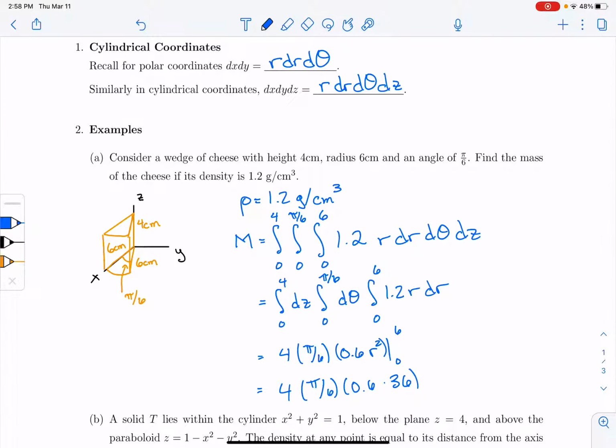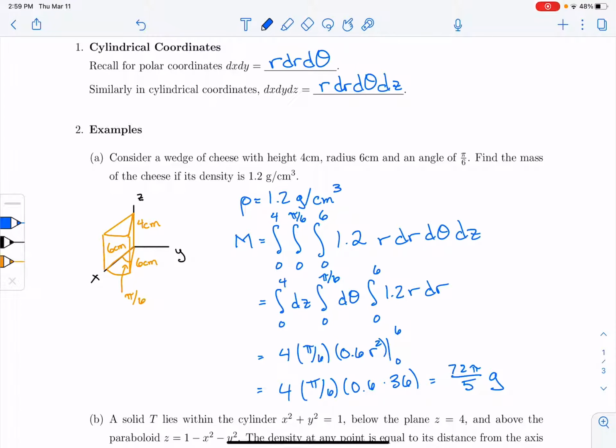If I work this out, this becomes 72 pi over 5 grams. I'm not going to give a decimal approximation, I'm just going to leave it as 72 pi over 5 grams. And that is now the mass of my cheese wedge.